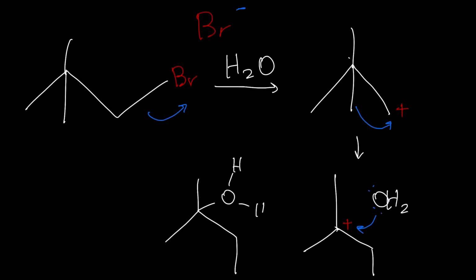Water is going to come in, and then another water molecule is going to come in and steal hydrogen. The electrons between the oxygen-hydrogen bond are going to go back to the newly bonded oxygen, and what you're going to have at the end is just an alcohol.